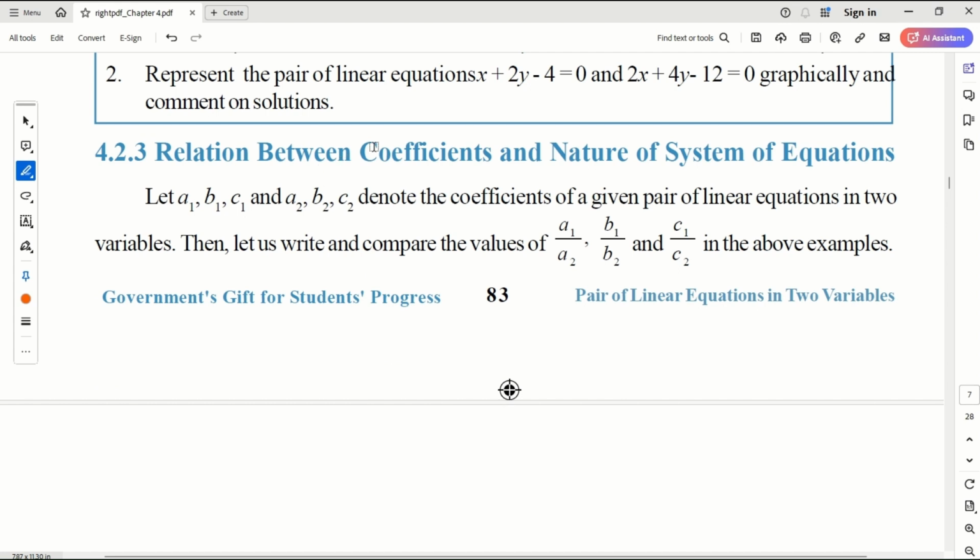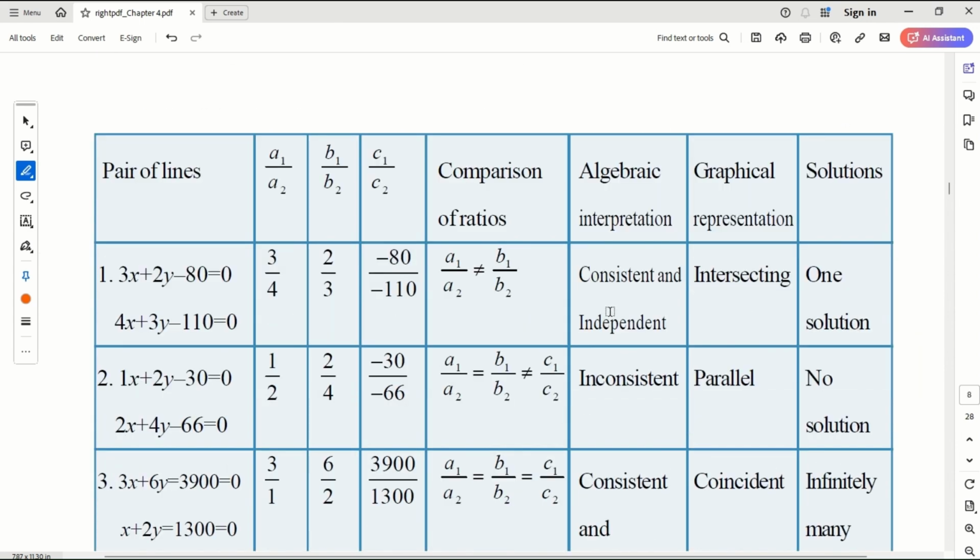Let's learn about the relation between coefficients and the nature of the system of equations. A1, B1, C1, A2, B2, C2 denote the coefficients of the given pair of linear equations in two variables. Then we can compare the values of A1 by A2, B1 by B2, and C1 by C2 in the above equations. In the above example, A1 by A2 is 3 by 4, B1 by B2 is 2 by 3, and C1 by C2 is 80 by 110.